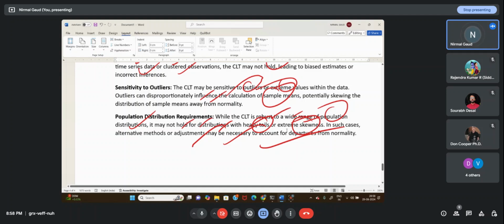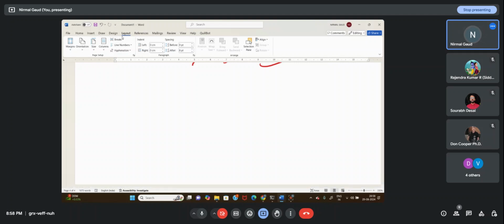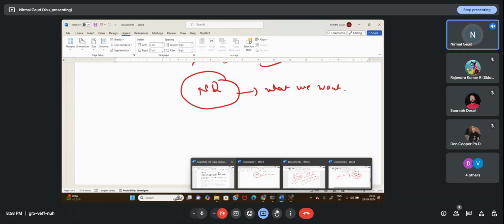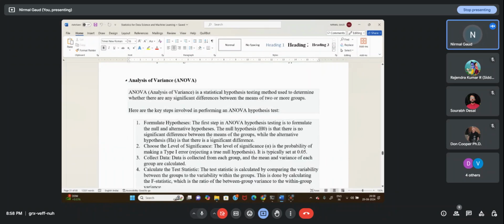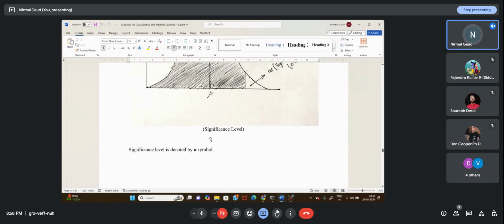That's what CLT says. Normal is what we want. In my main notes also, the same thing is present related to the central limit theorem.